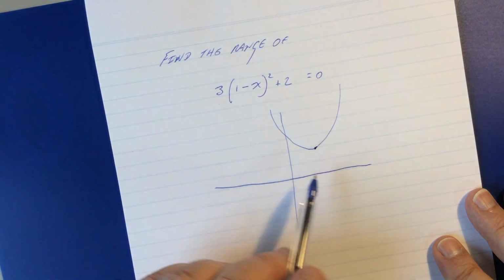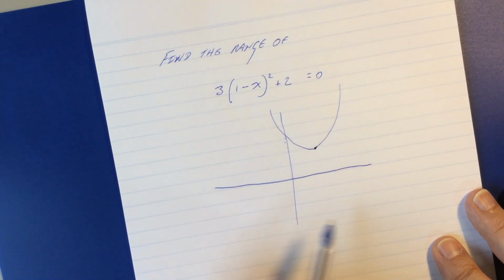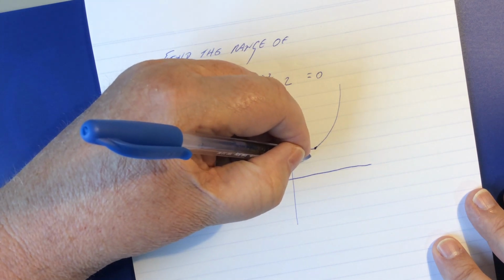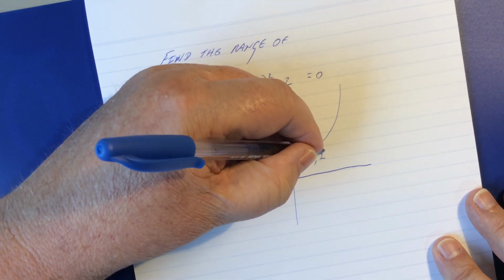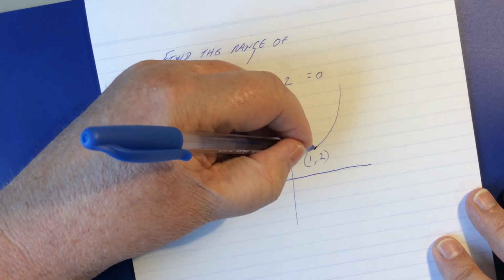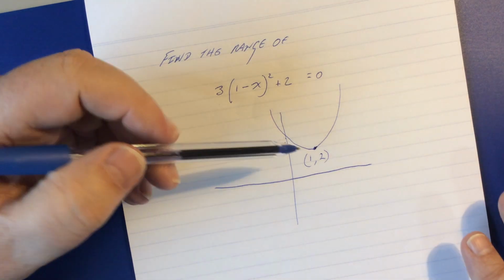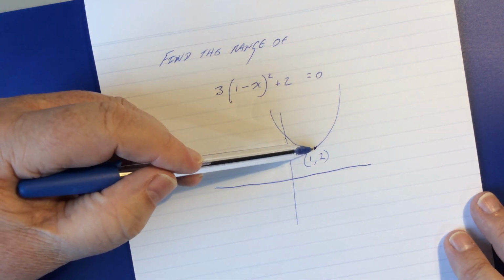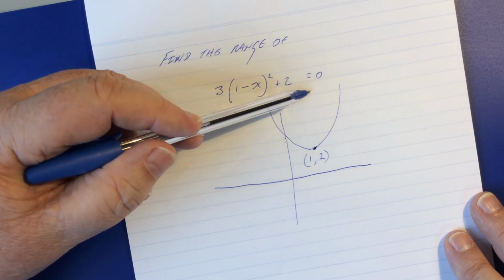Now, we're only interested in the range, so we're not interested in this value here. We'll just say that this point here is 1, 2, and that's the minimum point. So the range of this function is every number from 2 to positive infinity.